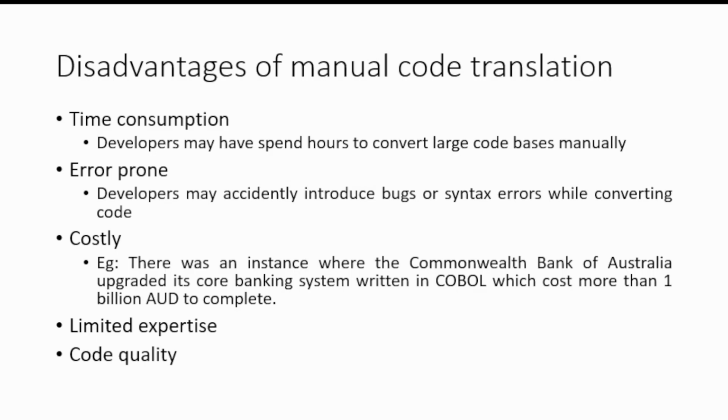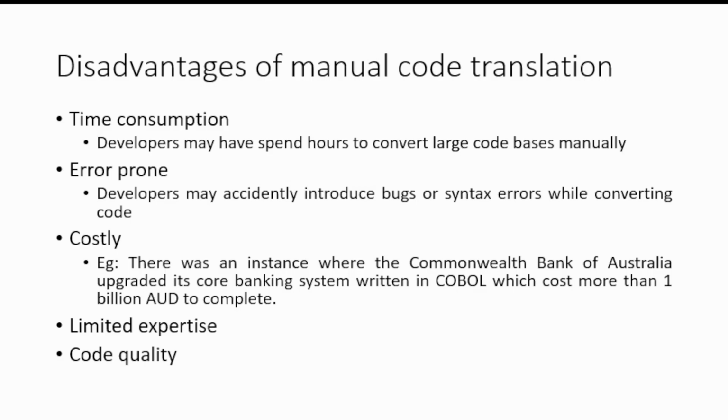So this is an example which I extracted from a research paper. According to the research paper, there was an incident where the Commonwealth Bank of Australia upgraded its core banking system written in COBOL, which is a very old programming language, which cost more than 1 billion Australian dollars to complete.